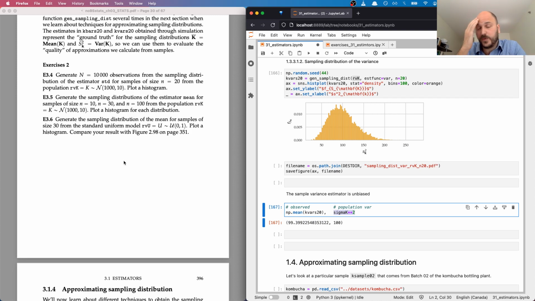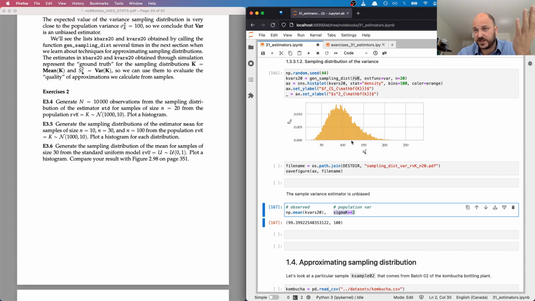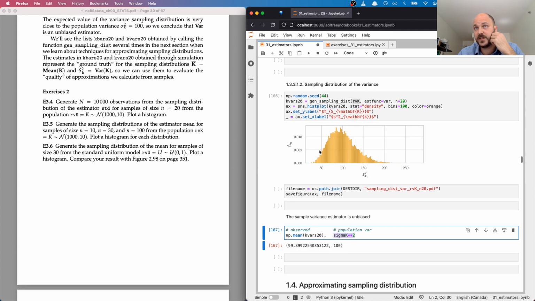And when you report that number, you want to know the uncertainty, and that's what the sampling distribution tells you, right? So the estimates you compute, the sample variances you compute, they will vary. There will be a distribution of them. And this is what tells you the uncertainty in your estimates.